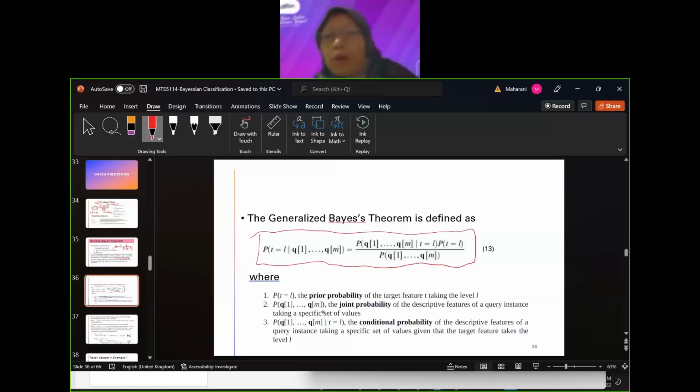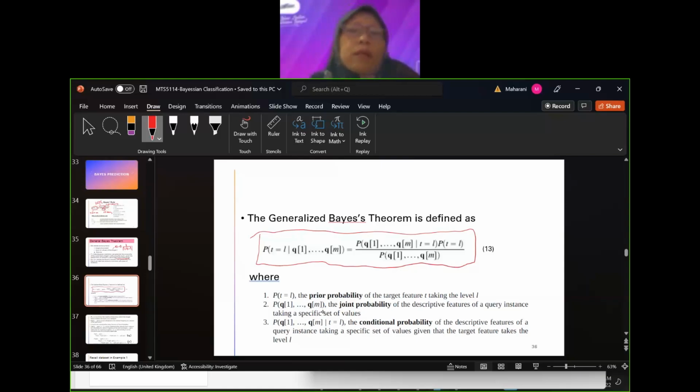It's quite long because we have some features, right? The target is only one that we're going to predict, but the features are extended from Q1, Q2 until Qn. So this is the definition of the generalized Bayes theorem.